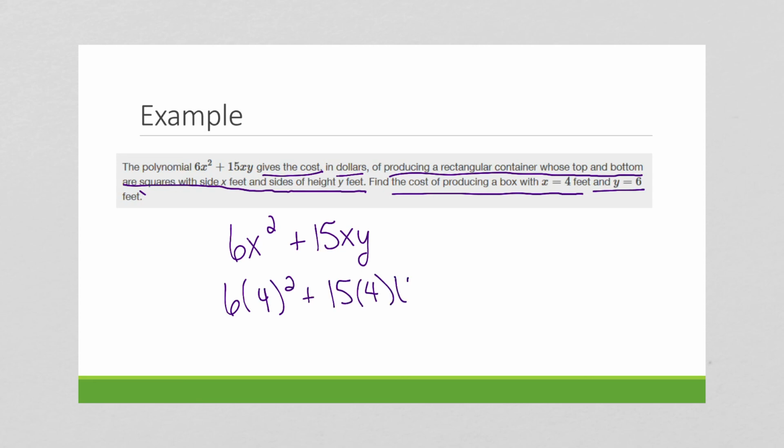And 6 for y. Okay, this is the kind of thing where I tend to grab my calculator so that I don't make silly mistakes. And I get 360 right there.